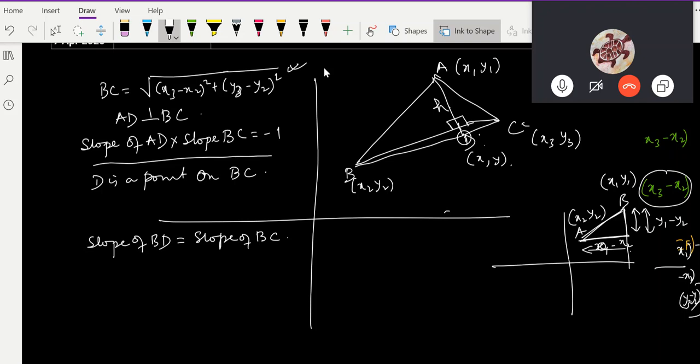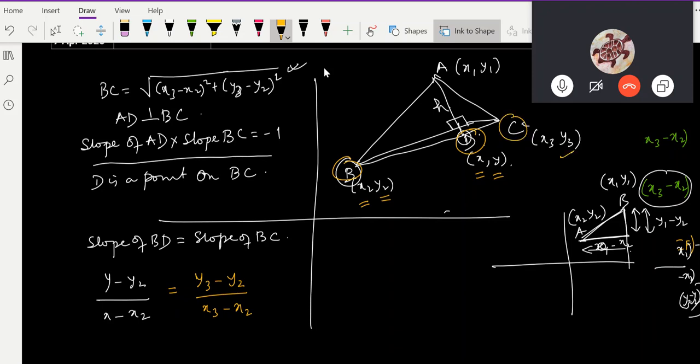So slope of BD is y minus y2 over x minus x2, right? Difference of the y coordinates is y minus y2. Difference of the x coordinate is x minus x2, right? And slope of BC is y3 minus y2 by x3 minus x2.